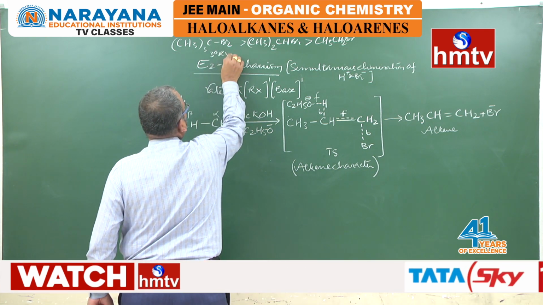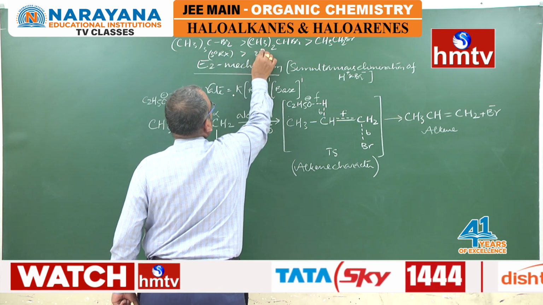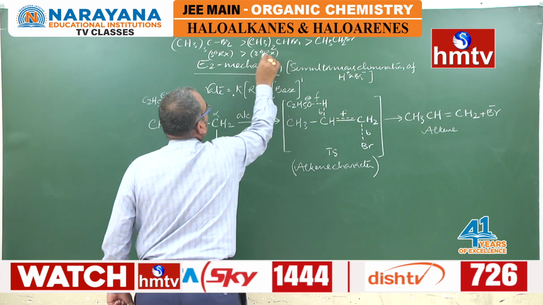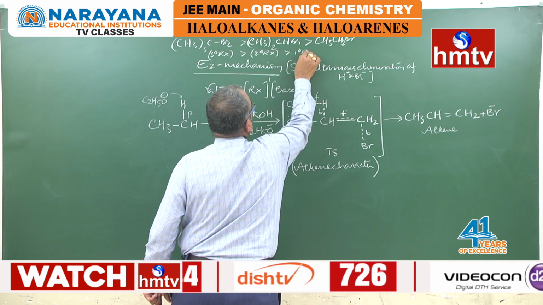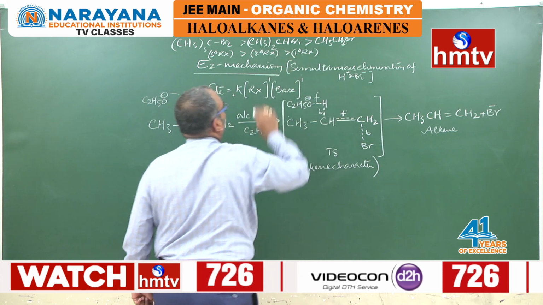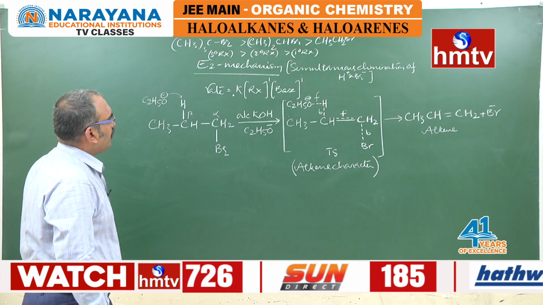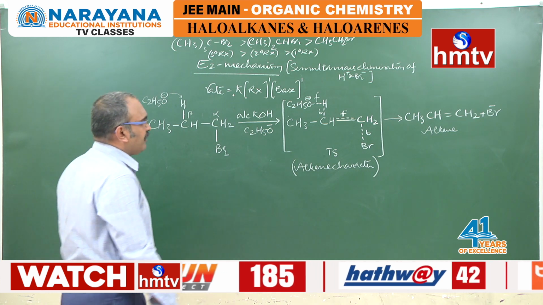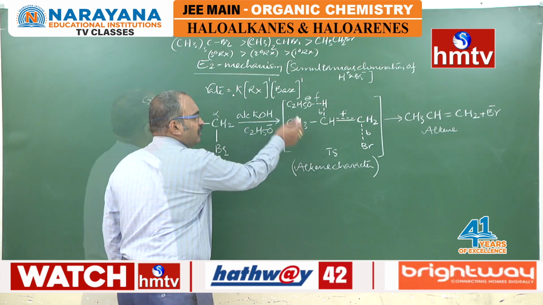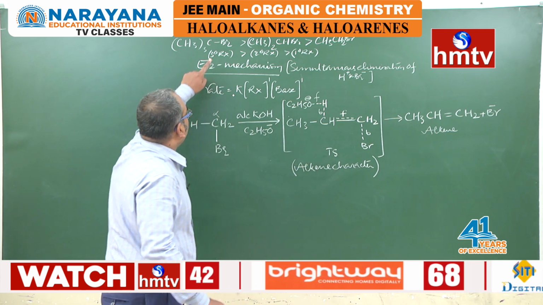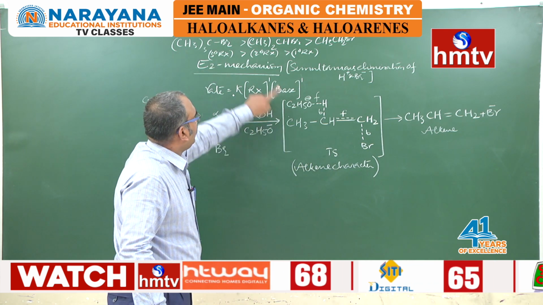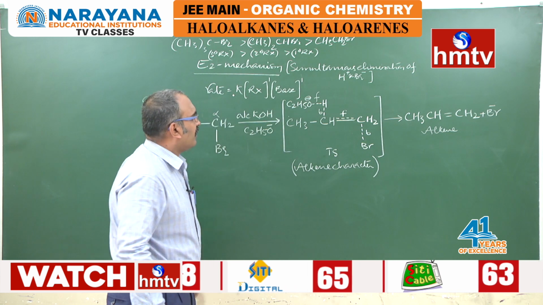Tertiary alkyl halide is preferred over secondary alkyl halide, which is preferred over primary alkyl halide for the E2 mechanism. So the favorable alkyl halide is tertiary alkyl halide because it forms a more stable alkene. Tertiary alkyl halide forms a more stable alkene than secondary alkyl halide than primary alkyl halide.